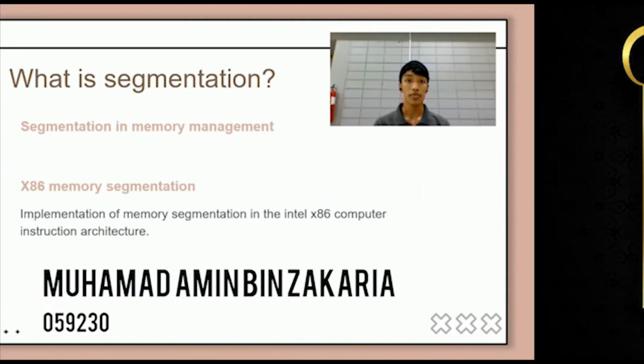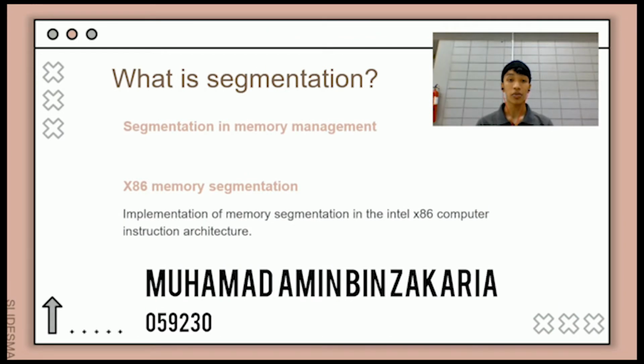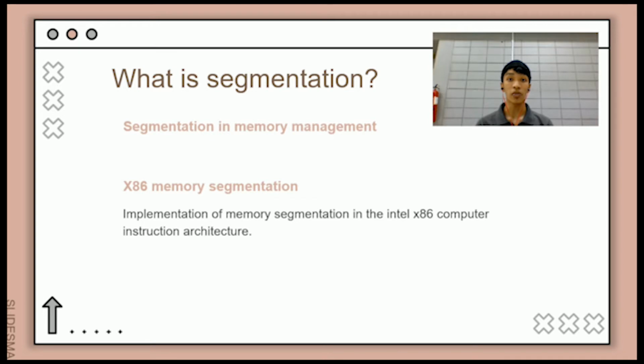Assalamualaikum warahmatullahi wabarakatuh. I will briefly explain about x86 memory segmentation. First of all, what is segmentation in memory management? Segmentation is a memory management technique in which each job is divided into several segments of different sizes, one for each module that contains pieces that perform related functions.